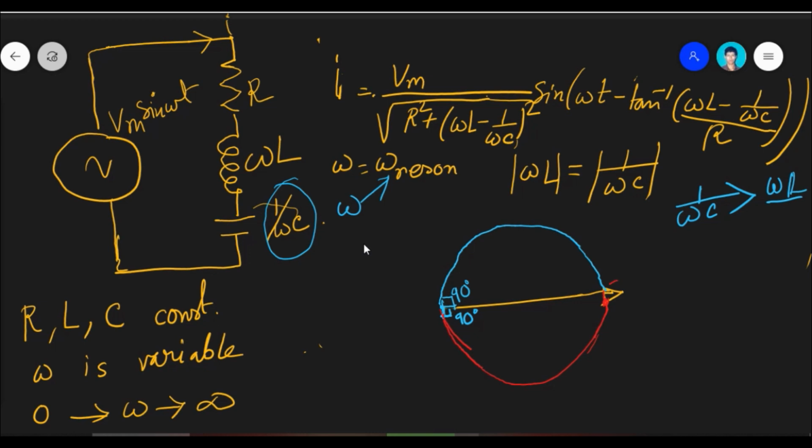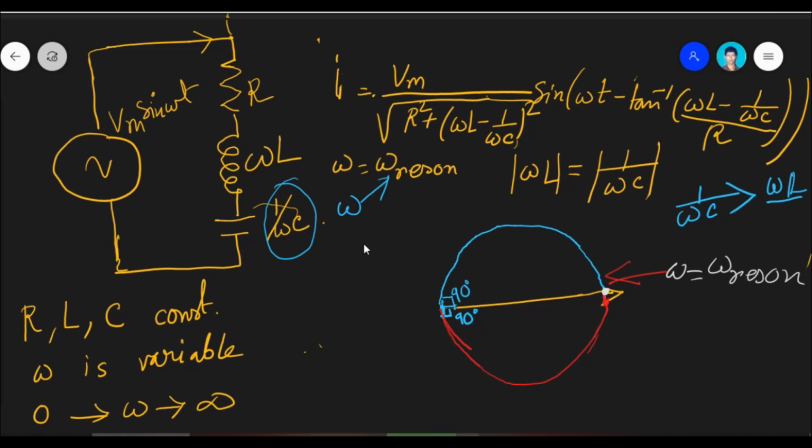And at this point, omega is equal to omega resonance. So here you will have the maximum value of current flowing, and this corroborates well with our previous understanding that in a series RLC circuit during resonance, the maximum value of current flows through the circuit. So this is the diagram.